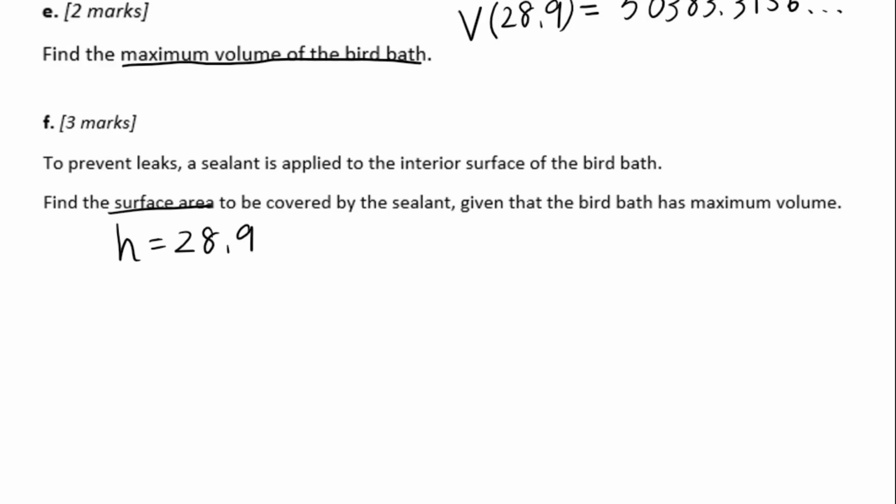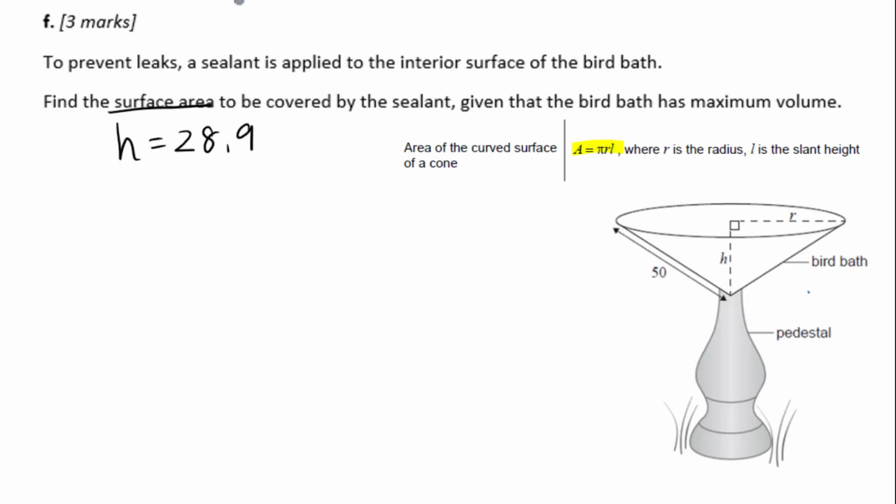Let's go to the formula chart to find the formula for surface area of a cone. We are given surface area of a cone is pi RL. Let's label this bird bath. This is L. Basically, it's the slant height equals 50.